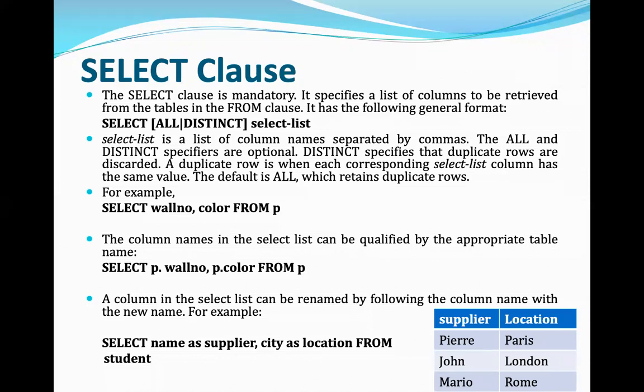But you remember, the column name has not actually been changed in the database. Just in the output, it has been written like this. So your database, your table would be the same. There will be no changes by this select operation.